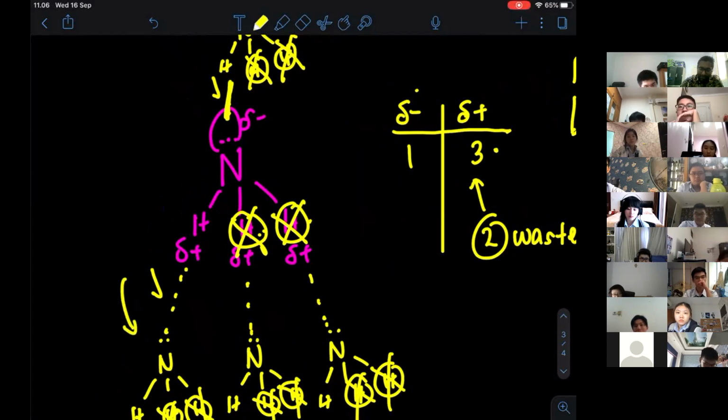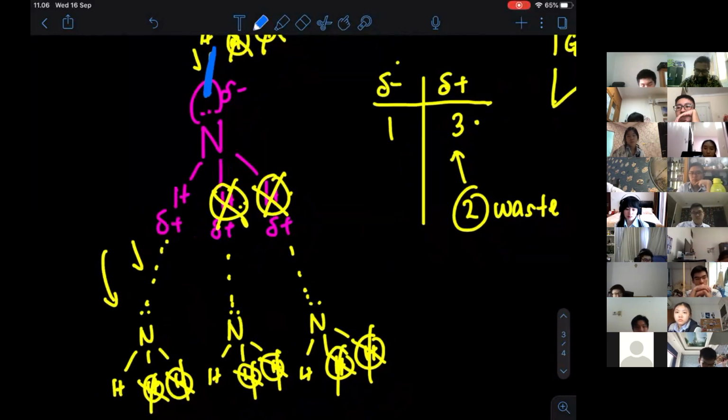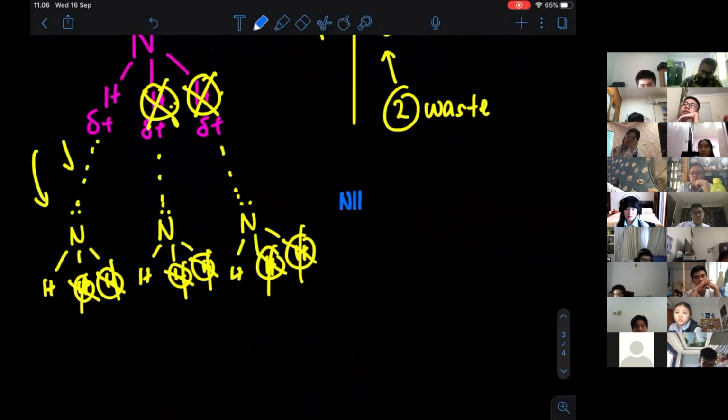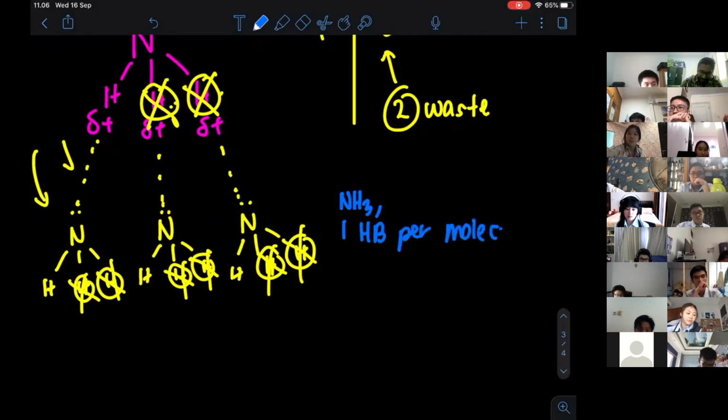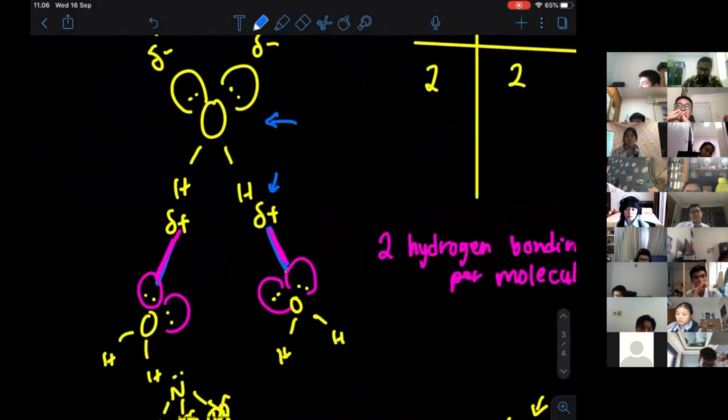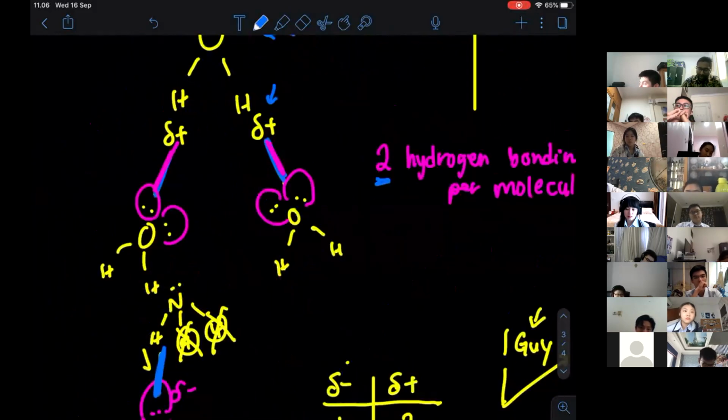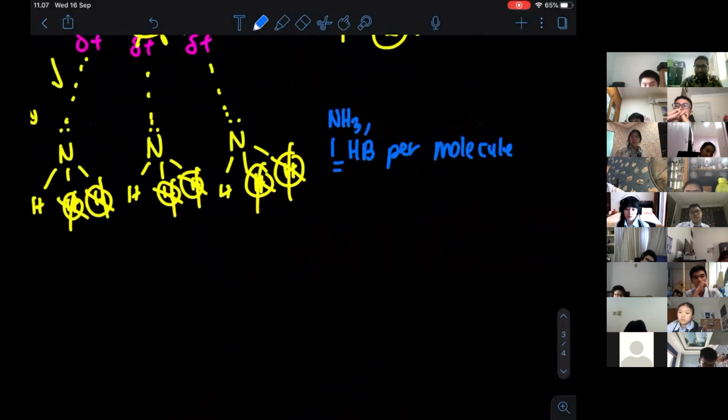So the total hydrogen bonding you can have for ammonia is only one per molecule. The remaining will go to waste. 2 hydrogen bonds per molecule for water, 1 hydrogen bond per molecule for ammonia. Okay, let's go for HF.